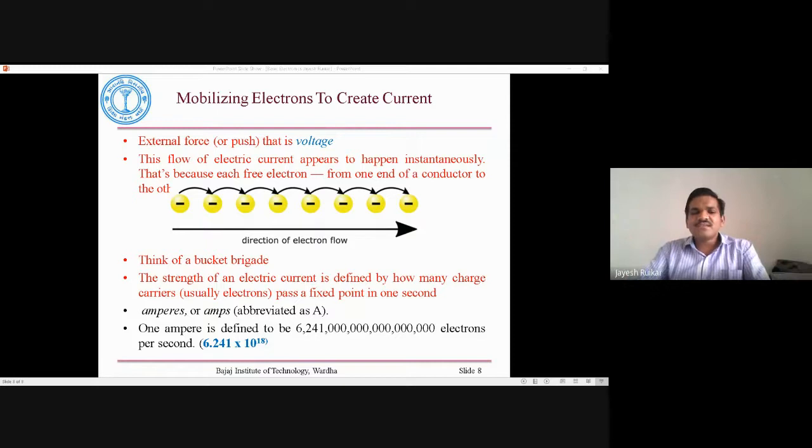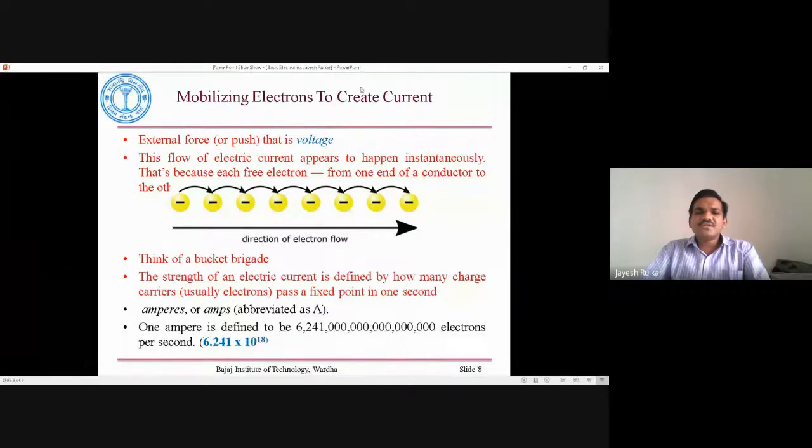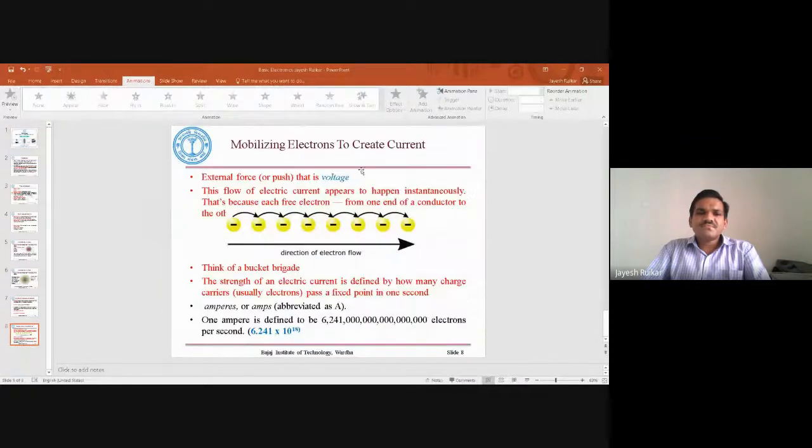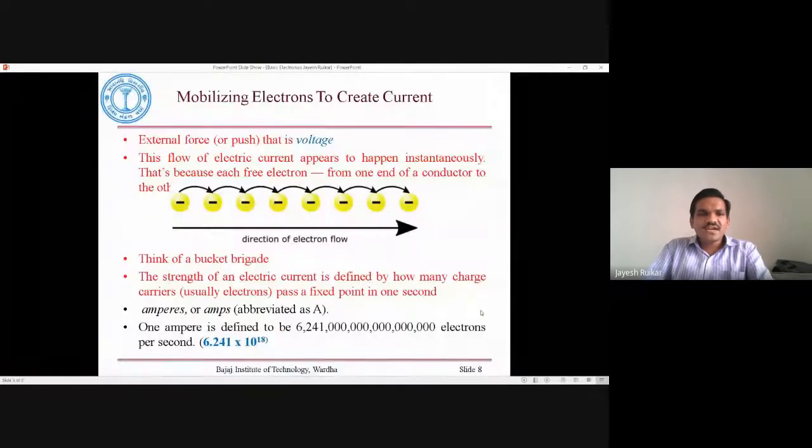And what is that external force or external push? We call it voltage. Yes, voltage.